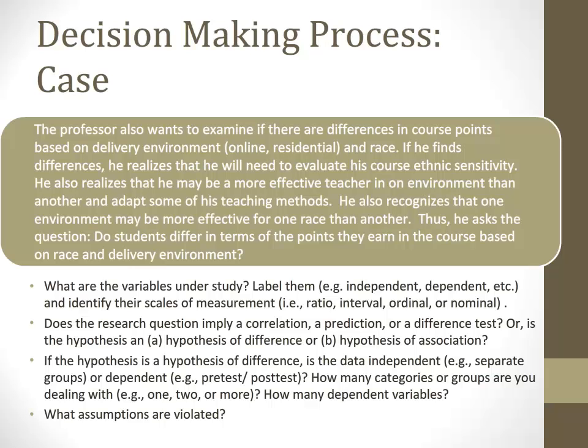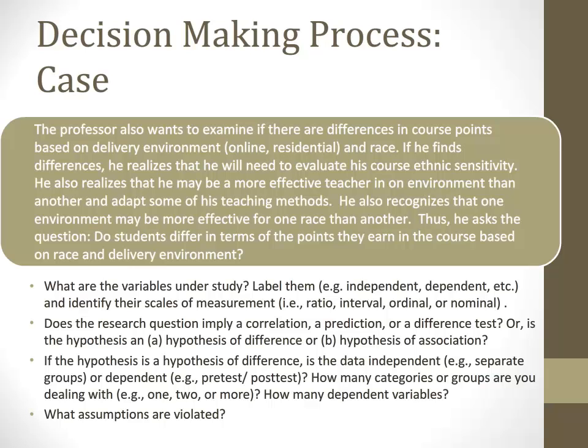So he then poses this question: do students differ in terms of their course points based on their race and the delivery environment? Again, I encourage you at this point, pause this tutorial, walk through the questions, and then come back and discuss them with me. So the first question we're going to look at here is, what are the variables under study?